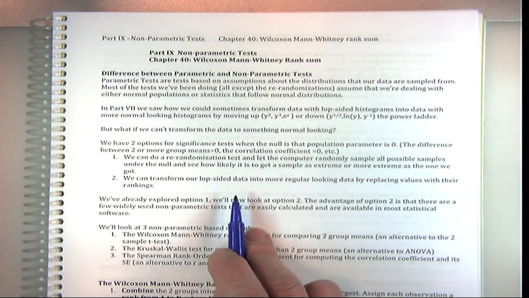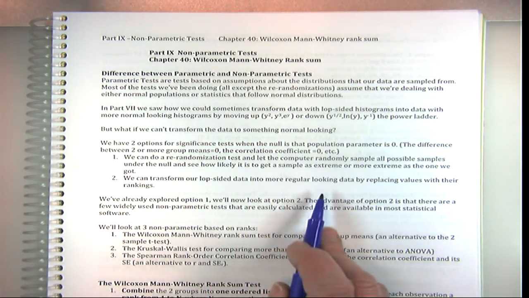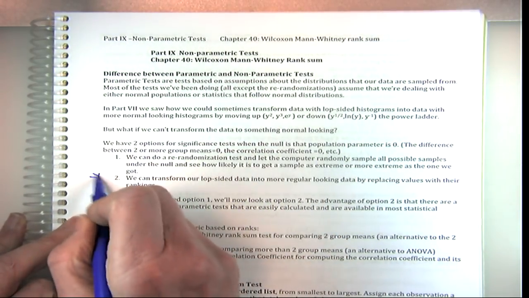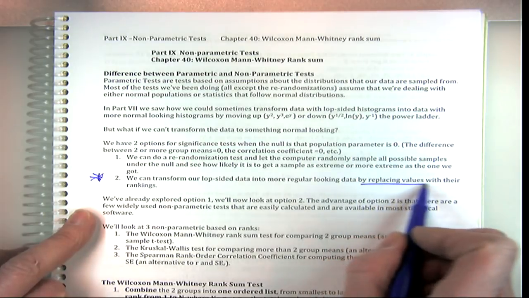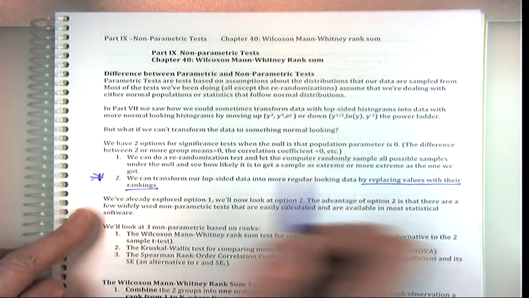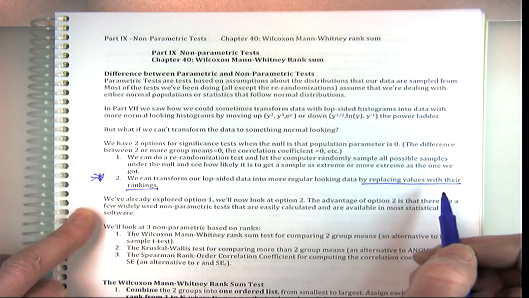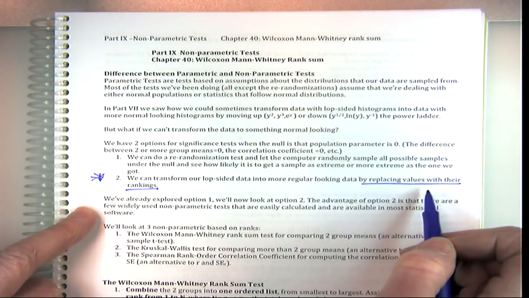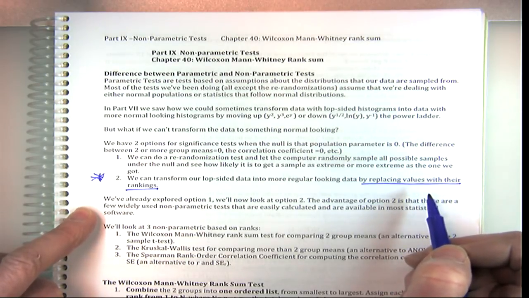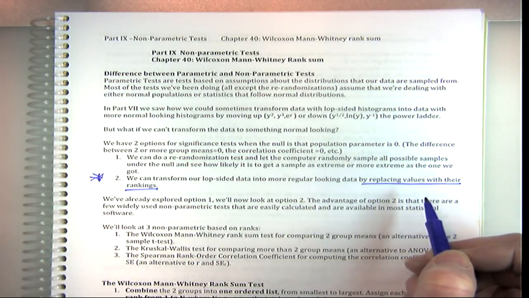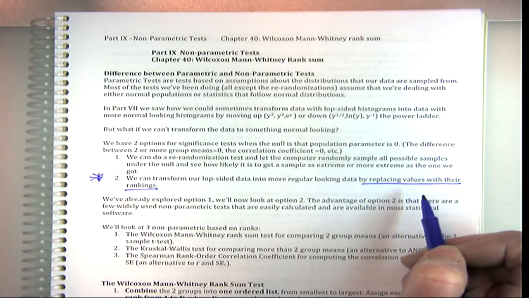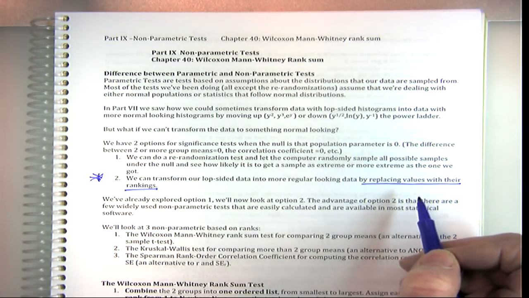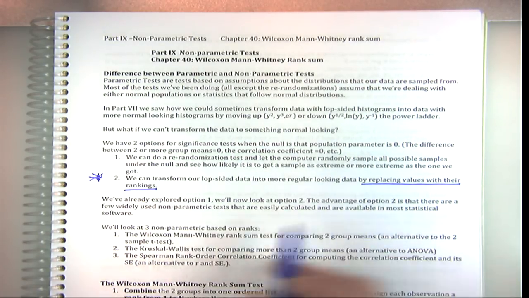But we can also transform our lopsided data into more regular data. This is what we're going to be doing now, by replacing the values with their rankings, putting the actual numbers in order from 1 to however many. If you have a sample size of 100, we're just changing the actual values into numbers between 1 and 100.